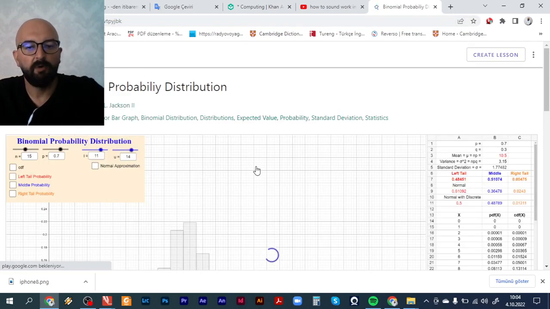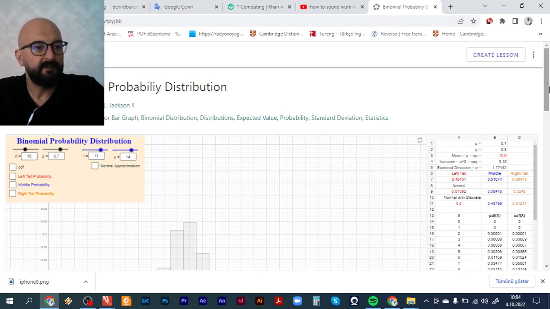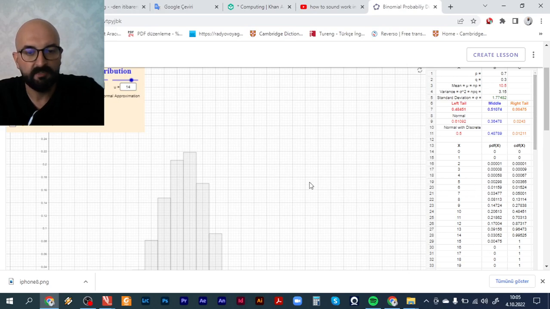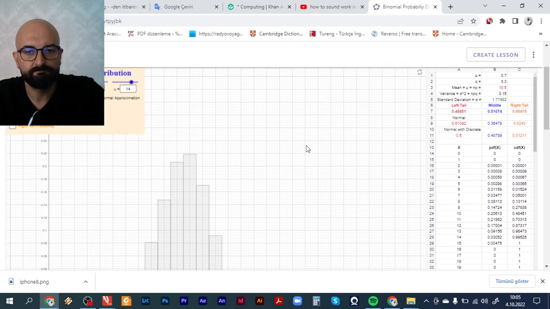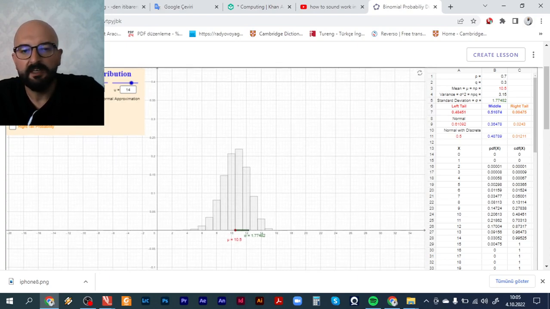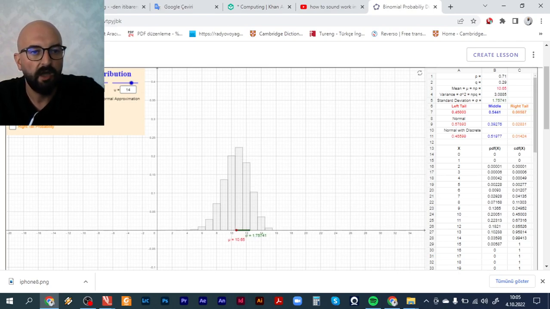Okay, now we have a binomial distribution. If you look at this graph, you know the number of trials and the probability of success.